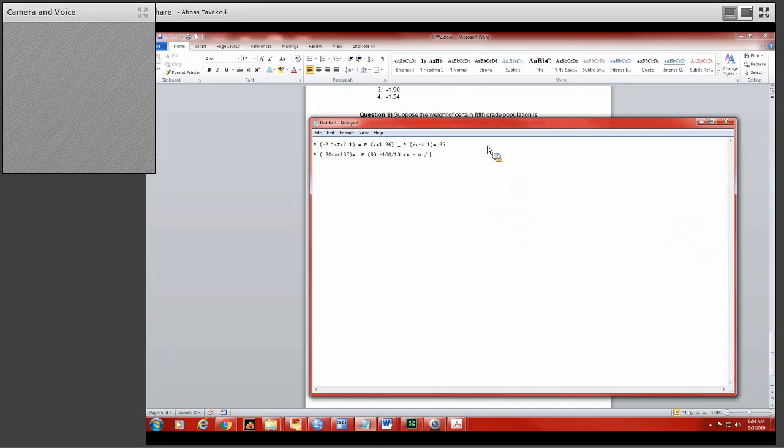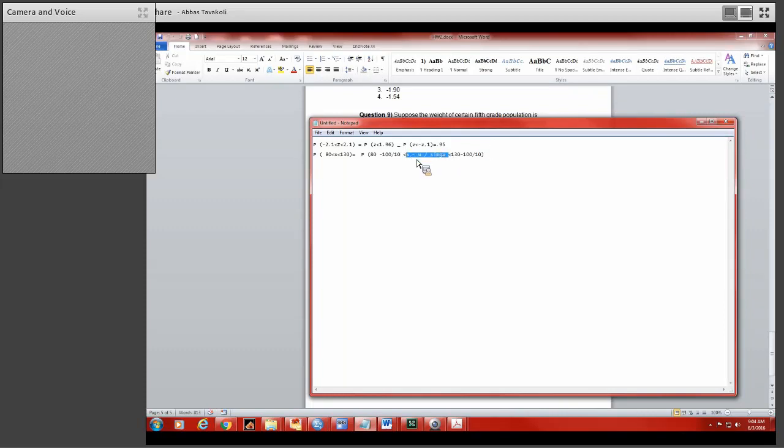So basically you have probability of 80 less than X less than 130. So you want to write this as a Z value, which you convert as 80 minus 100 over 10.